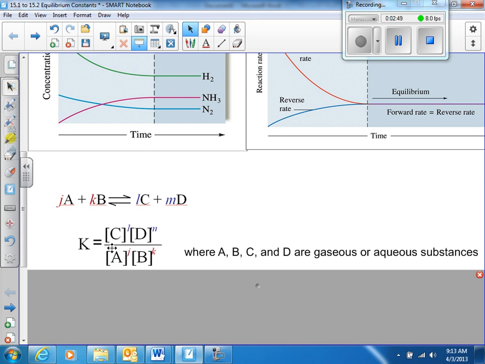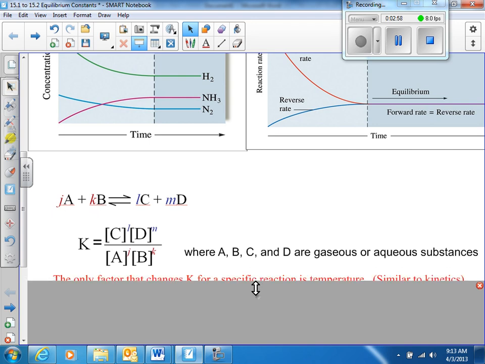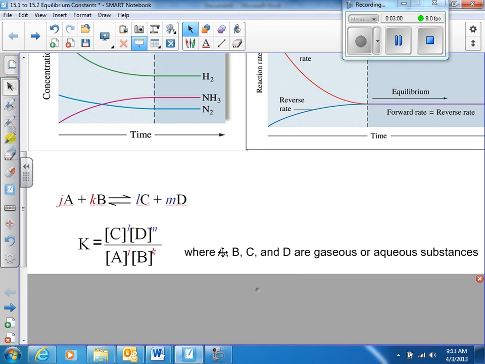And you raise each chemical to the power of its coefficient. So A to the J, B to the K. We'll learn later, this says A, B, C, and D are gaseous or aqueous substances. We'll learn a little later, if you have a solid or a liquid in your reaction, you do not include those in the equilibrium constant expression.